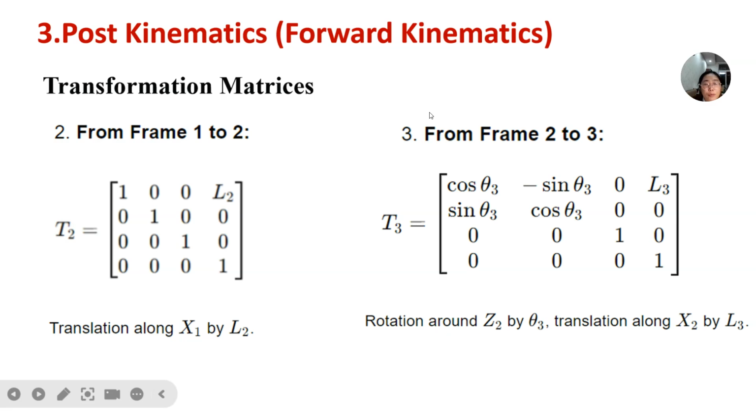Number 3, from frame 2 to 3, T3 equals cosine theta 3, minus sin theta 3, 0, L3; sin theta 3, cosine theta 3, 0, 0; 0, 0, 1, 0; 0, 0, 0, 1. T3 means rotation around z2 by theta 3 and translation along x2 by L3.